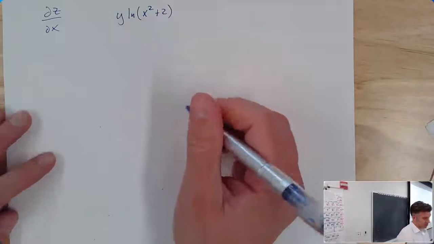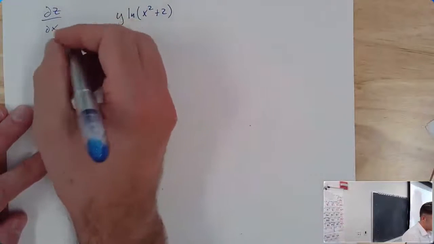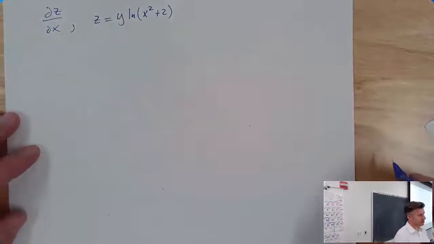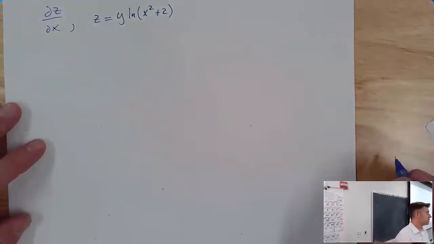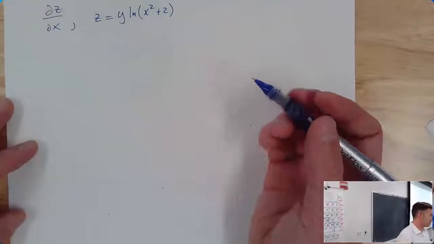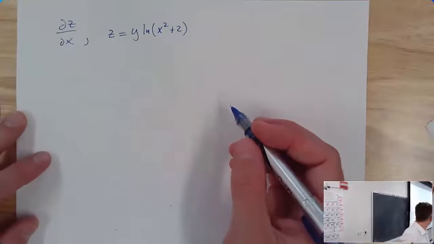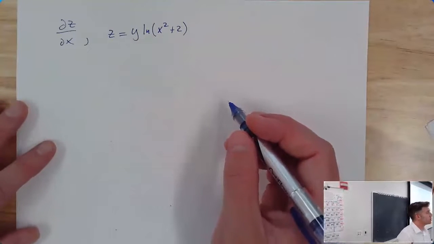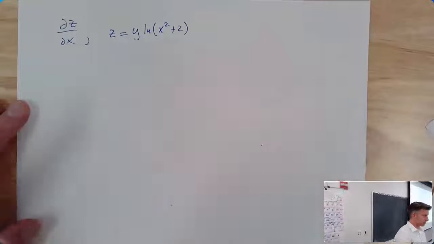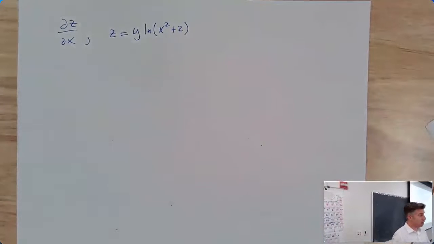All this means is take the derivative with respect to x. But what I always get tripped up on is whether I drop y or not. Okay, well, we don't always keep it.